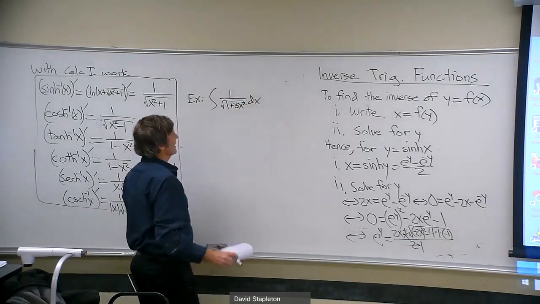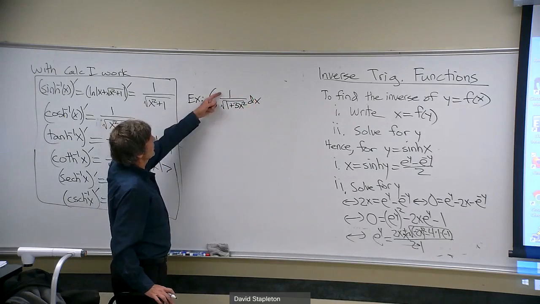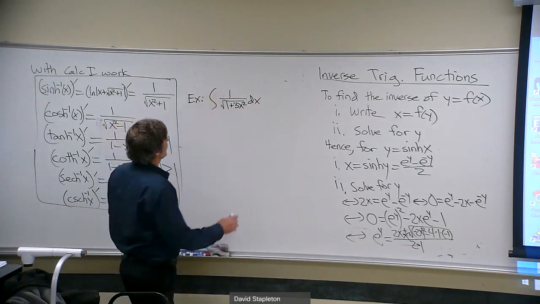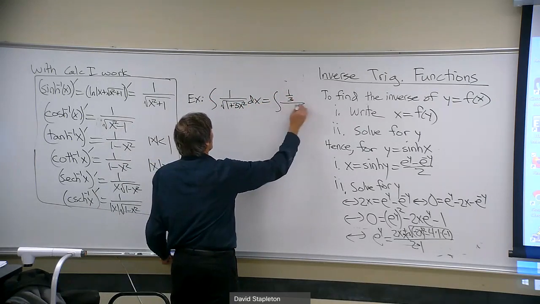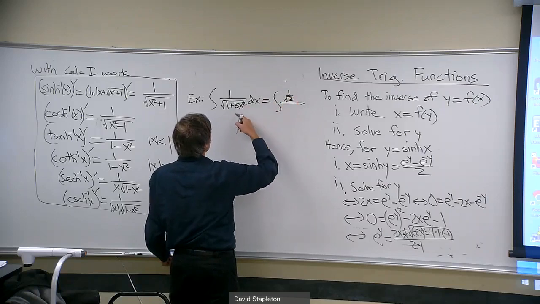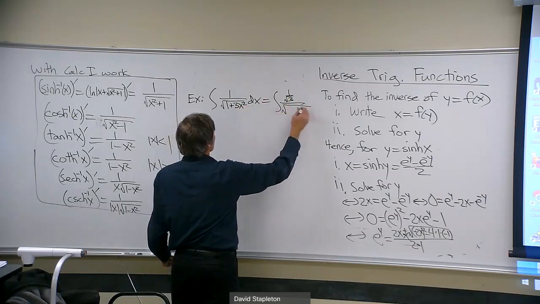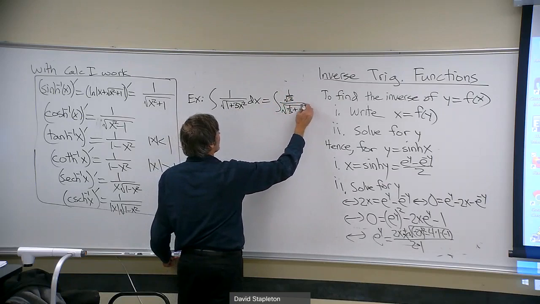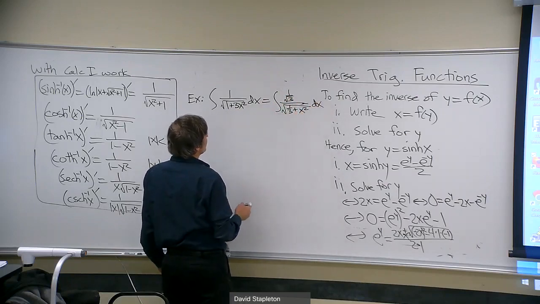Well, that's no good. Last section, what would I do? I might change it first by multiplying top and bottom by a third. Say this is the integral of 1 over square root 3 on top, and if I take 1 over square root 3 times the bottom, the 1 over square root 3 can come inside as a 1/3, and we'll get square root of 1/3 plus x squared. All right, so you would do this one.